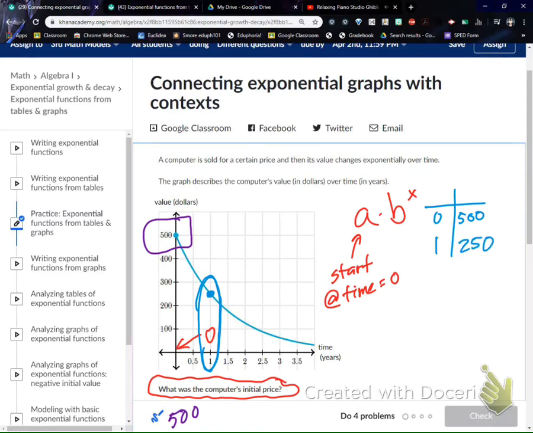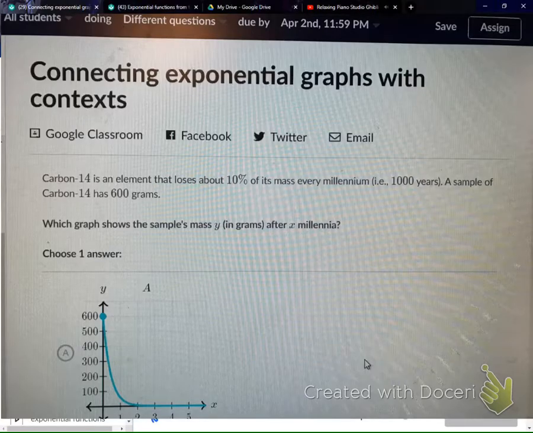What this is telling me is that my base is going to be half of what it used to be. So in two different ways, I can say this is 50% of the starting value. I could also say, because this is exactly 50, that we lost 50% of the starting value. And we're going to see that more as we go through our other problems.